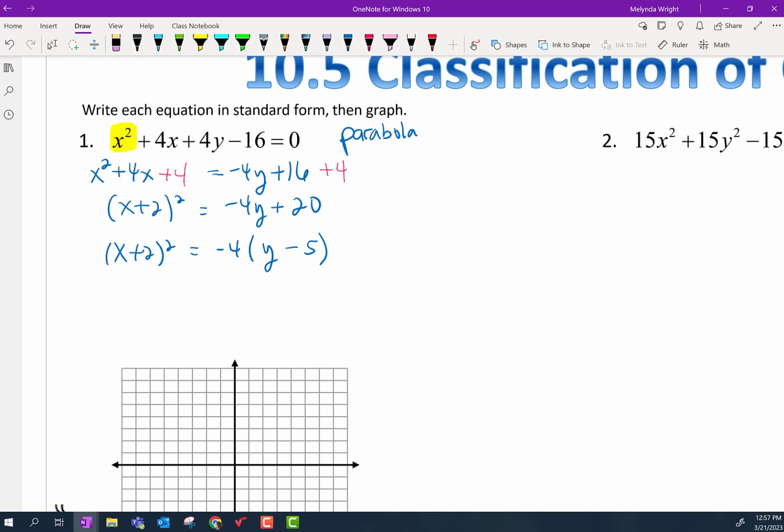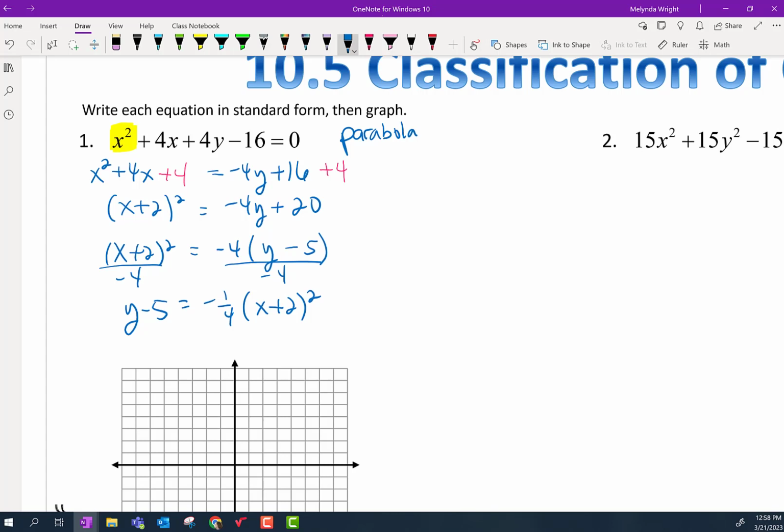So what we would need to do is actually divide both sides by negative 4. Cleaning that up, and I really like the single variable on the left side, so I'm just going to reverse the way that I'm writing it. So I'm going to have y minus 5 equals negative 1/4 times (x + 2) squared. So now my equation is in standard form.